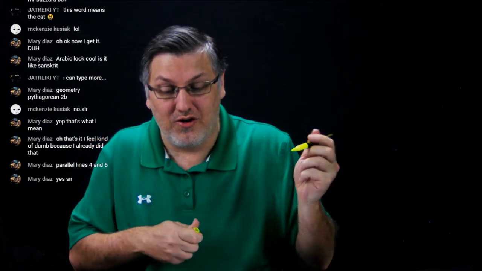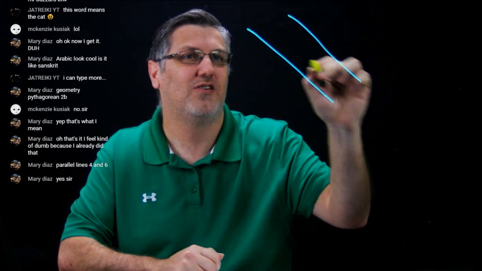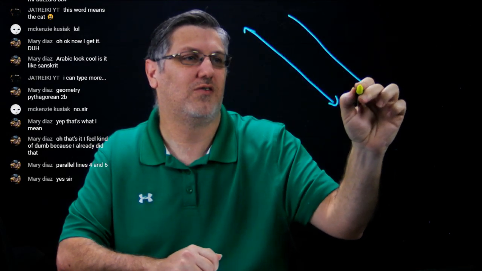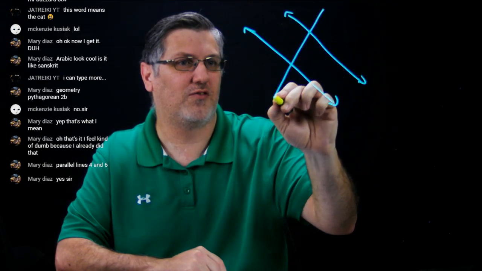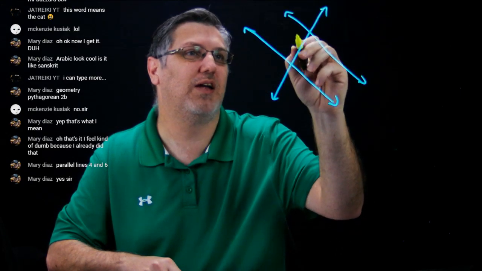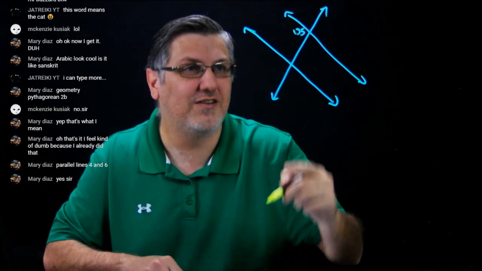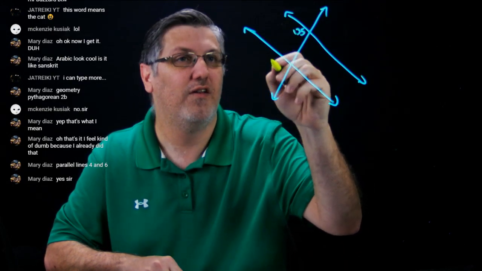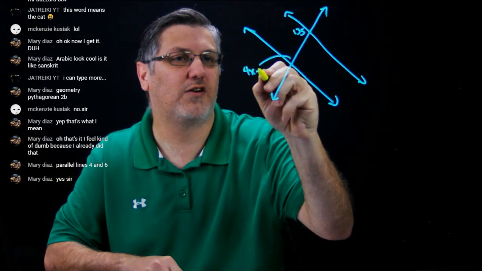All right, so on 4 we have something crazy looking like this, and this is kind of cutting through here. They tell me that this big angle here is 135 degrees, and the inside angle right here is 4x minus 3.